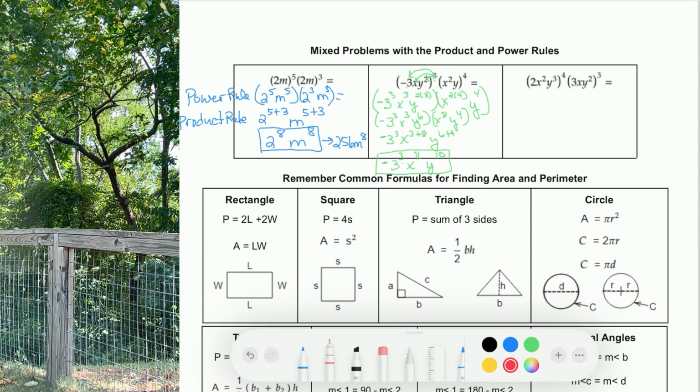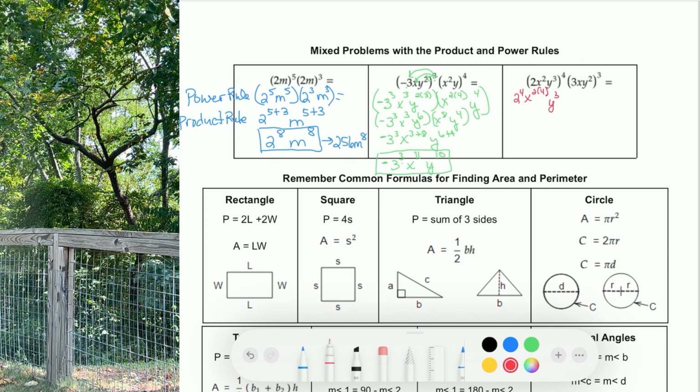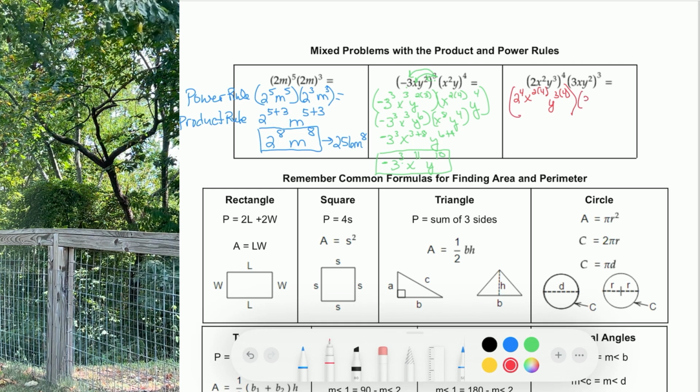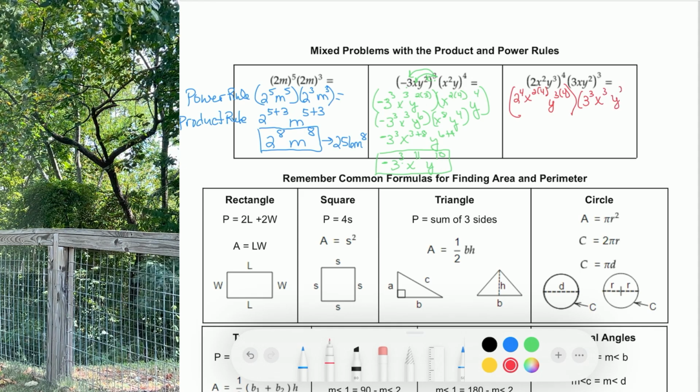Change colors here. So we've got 2 to the power of 4, x to the power of 2 times 4, y to the power of 3 times 4. Then we have 3 to the power of 3, x to the power of 3, y to the power of 2 times 3.